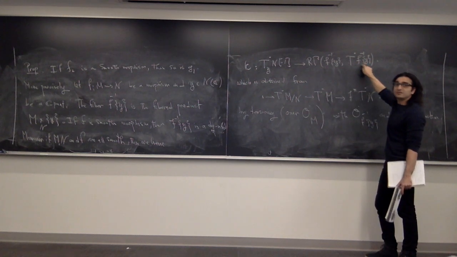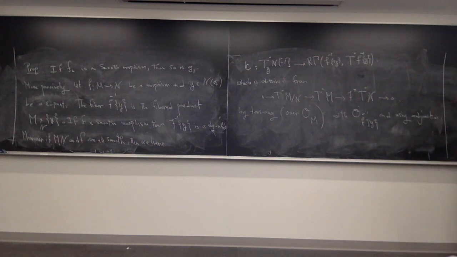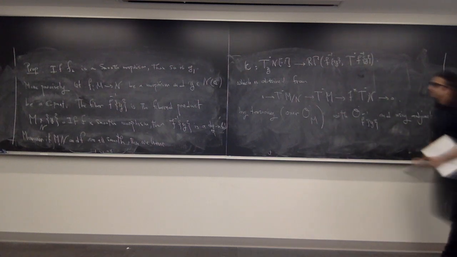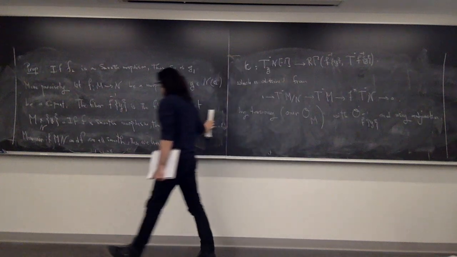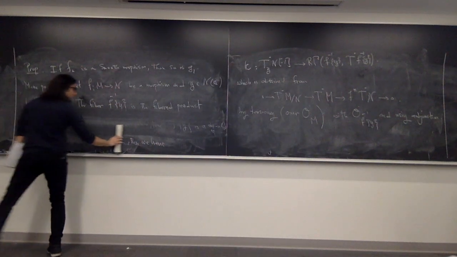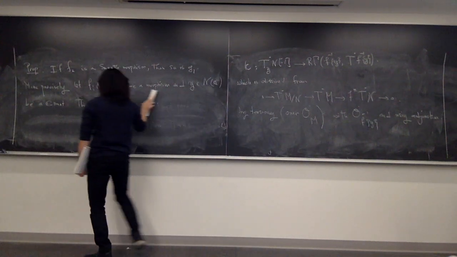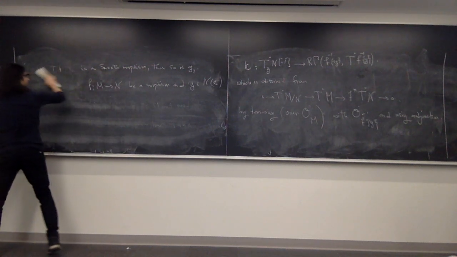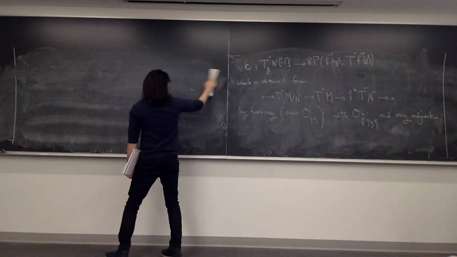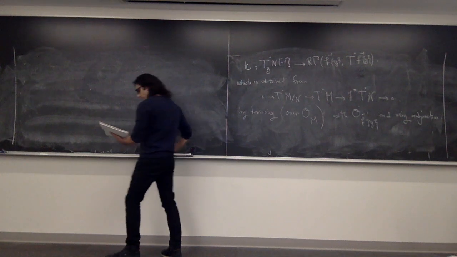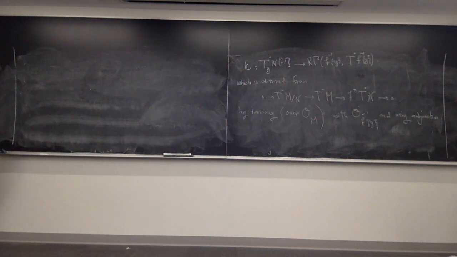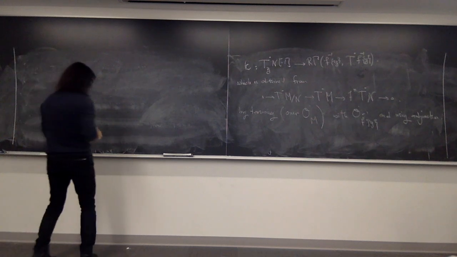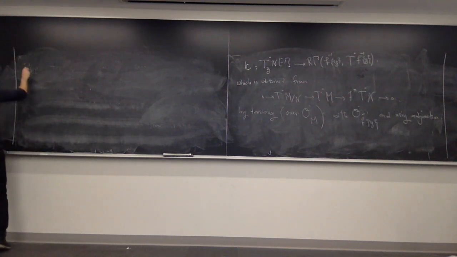Because you fix a point on N. Tangent space of the fibers. So that is that. Now definition. This was the fiber product of two DG schemes.